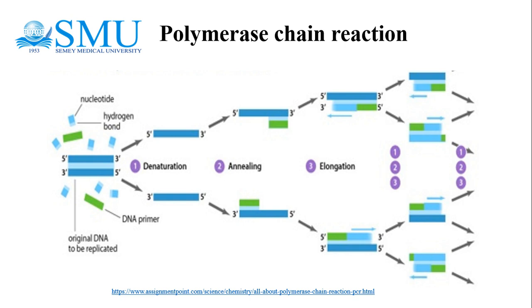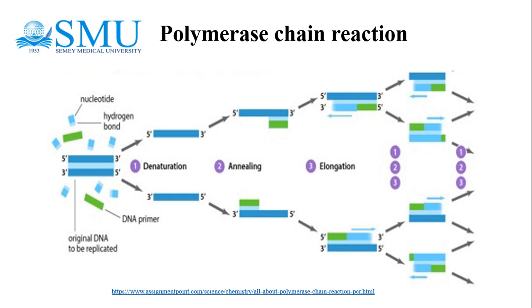And next is primer annealing, 55 degrees Celsius. Primer is a short oligonucleotide complementary to a small sequence of the target DNA, and it anneals to the complementary site on the target ssDNA. And the next step is extension of the primer, 72 degrees Celsius.